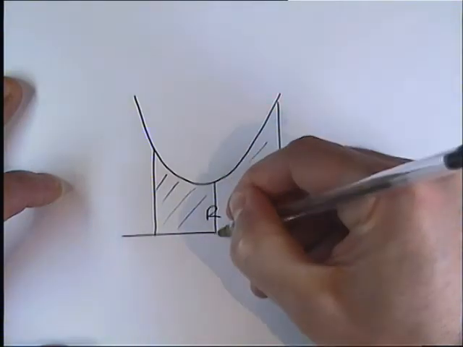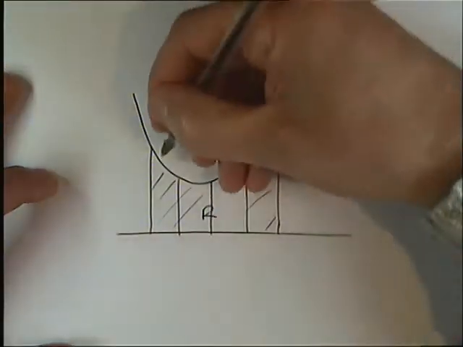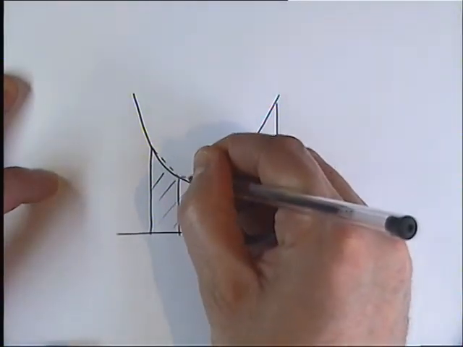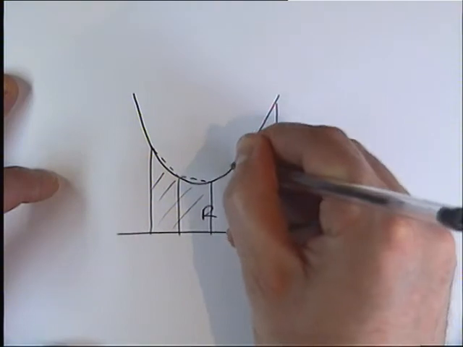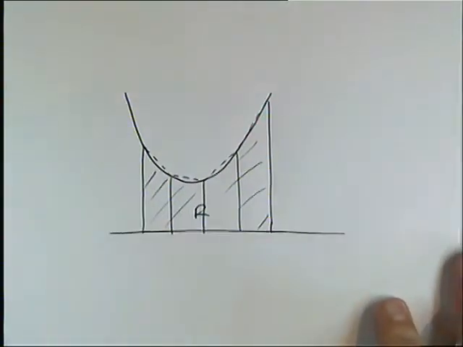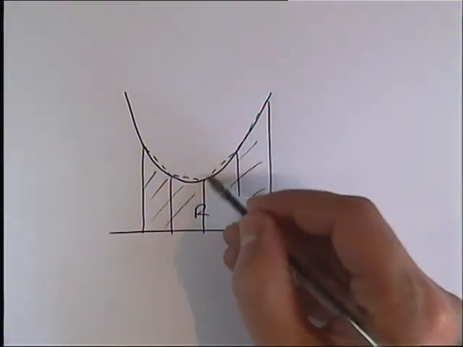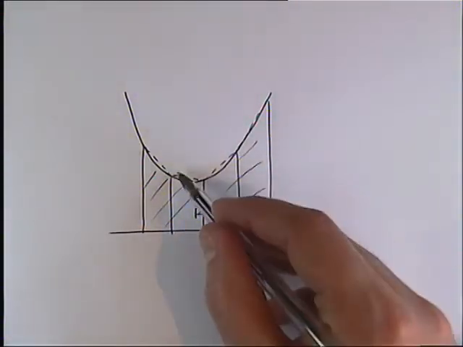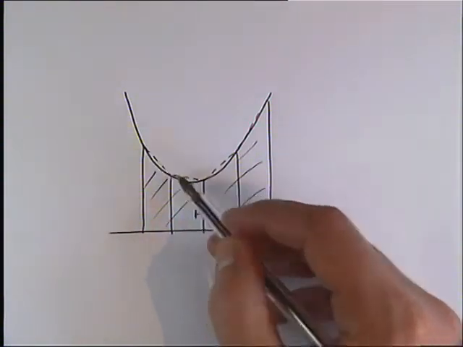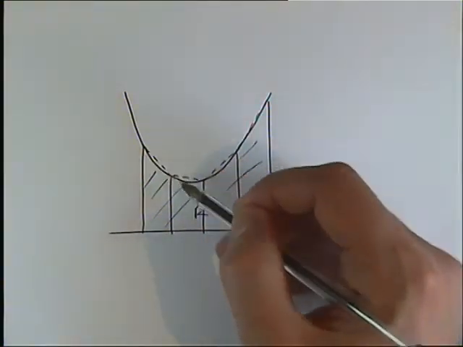Well, let's pop in those trapeziums. Now I'm going to draw dotted lines like this. And hopefully you can see that the top of these trapeziums, which is what we've worked out, remember we've done the trapezium rule, so we've worked out the area under these dotted lines, and the real area we want curves underneath that.